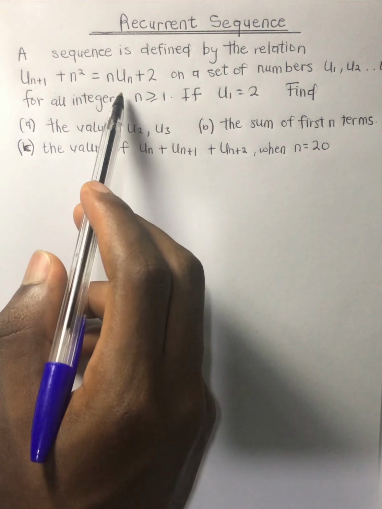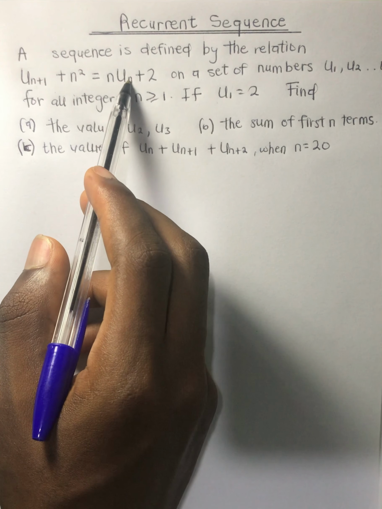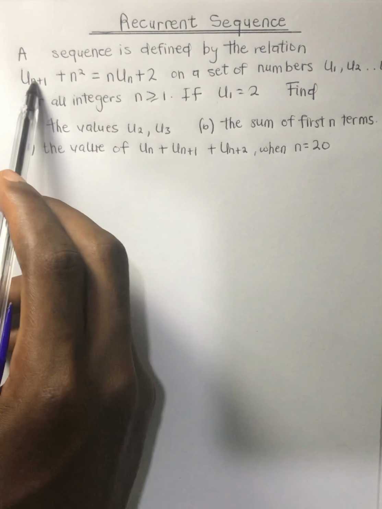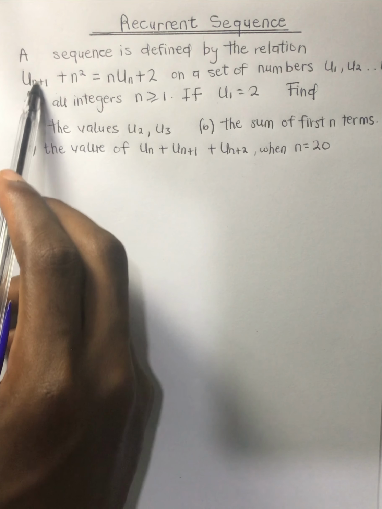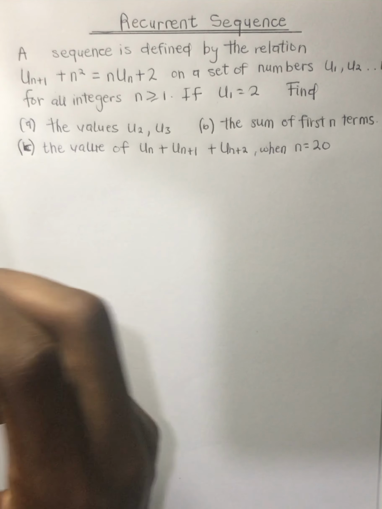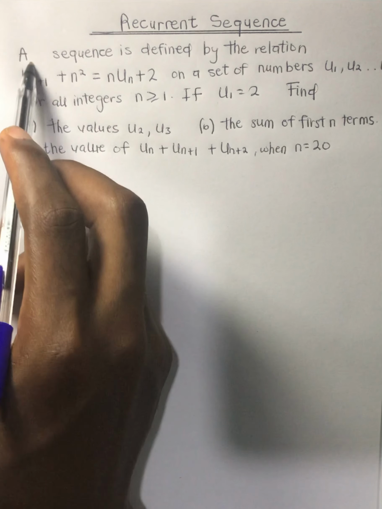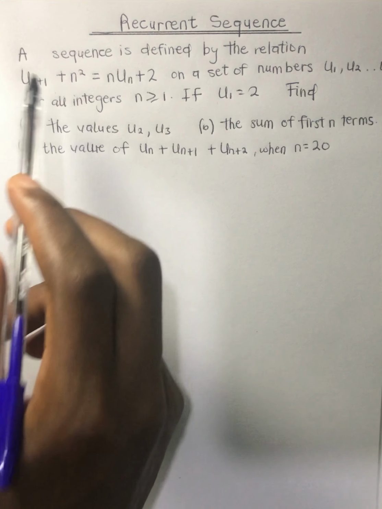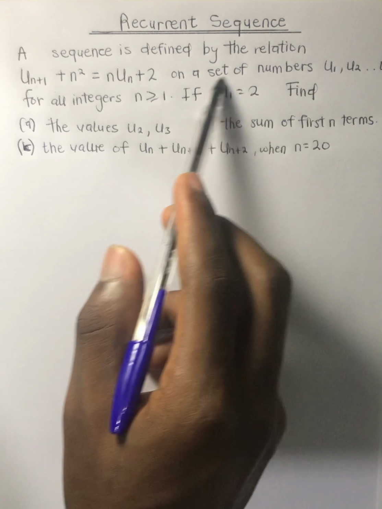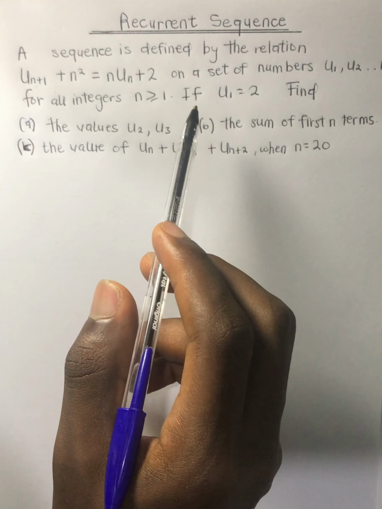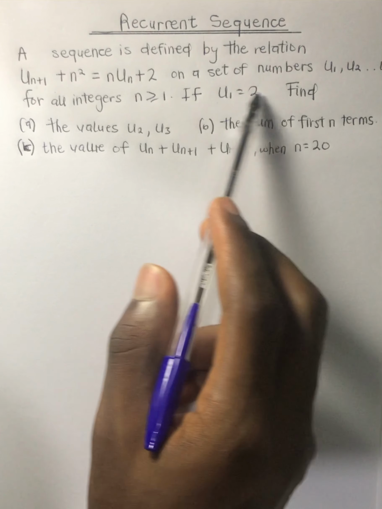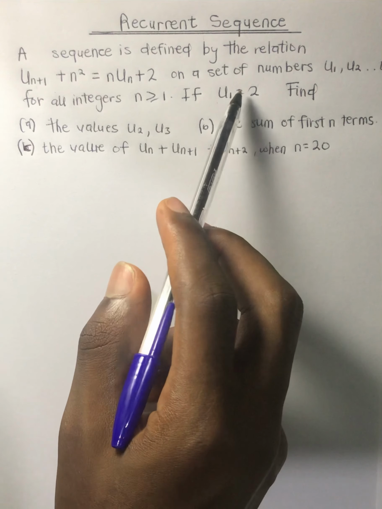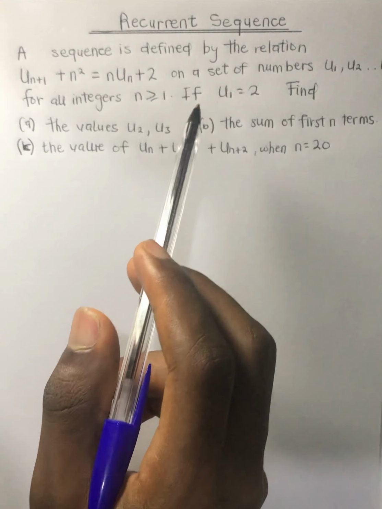So we can easily change this n over here to 2 and also the n over here to 2. But if we do that, we obtain u subscript 3, but we don't have any value for 3. What we've been given here is u subscript 1. Therefore, we have to also express this considering u subscript 1.